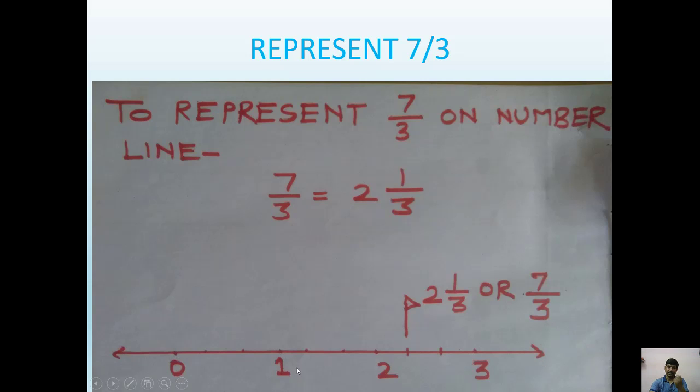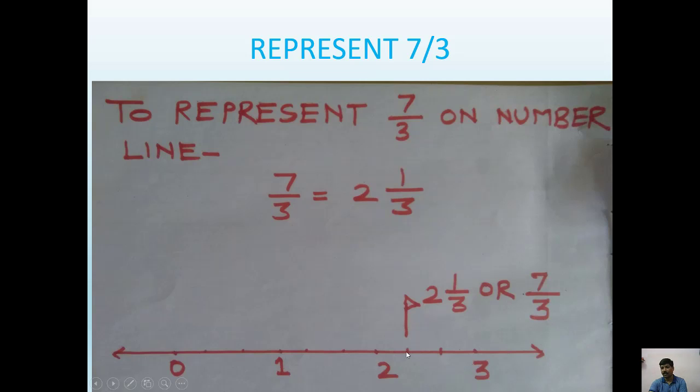So to represent this fraction, we draw a line and mark the whole numbers 0, 1, 2 and 3. Now this fraction will lie between 2 and 3. So between 2 and 3, this whole is divided into 3 equal parts. We take one part: it means one whole taken, two wholes taken.